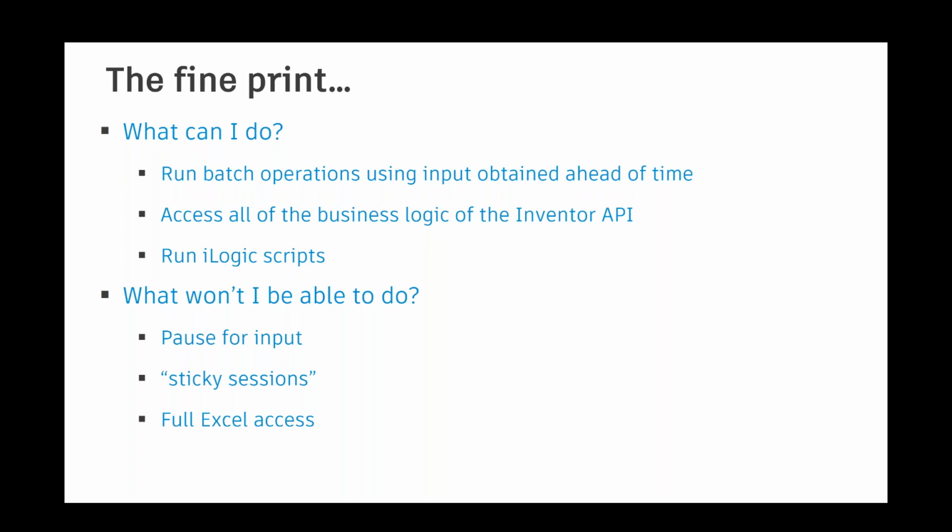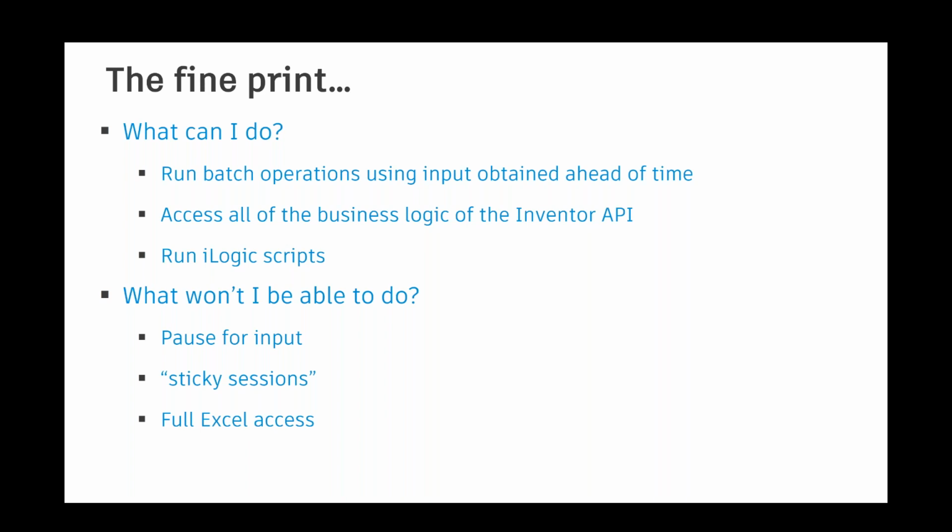You can have that work item within certain limits run and get your job done, but there's no way to call back in and attach to that same worker host again. And then there won't be things like Excel or things you may already have installed on your desktop. So if your API has dependencies that may not be available on the worker host, those are some of the things you'll need to figure out before you get ready for design automation.